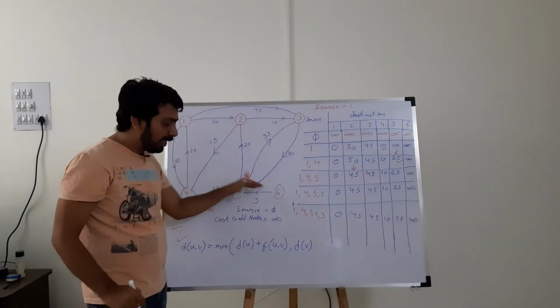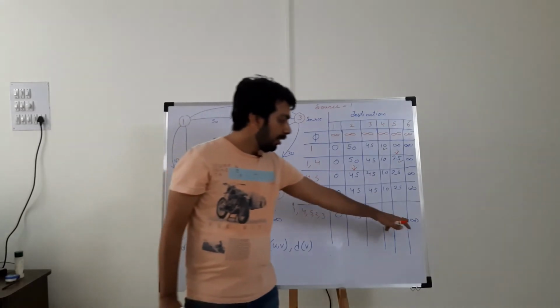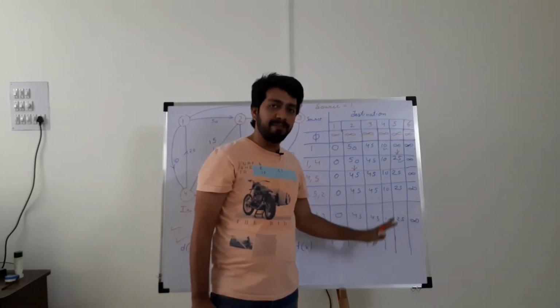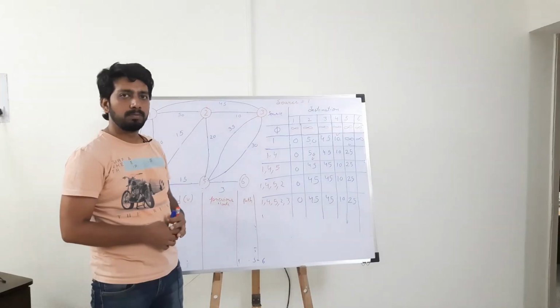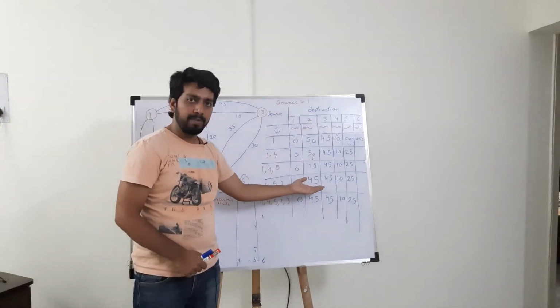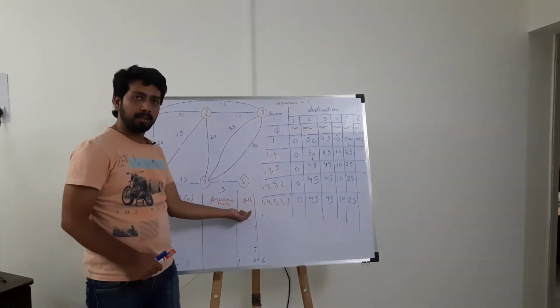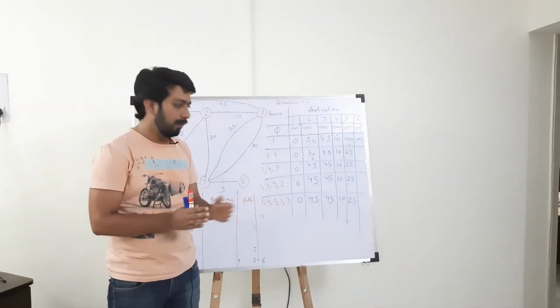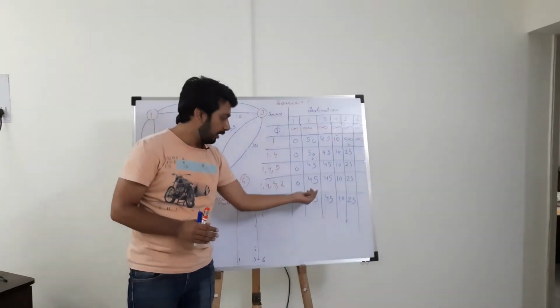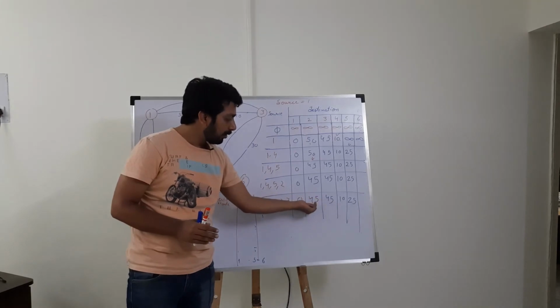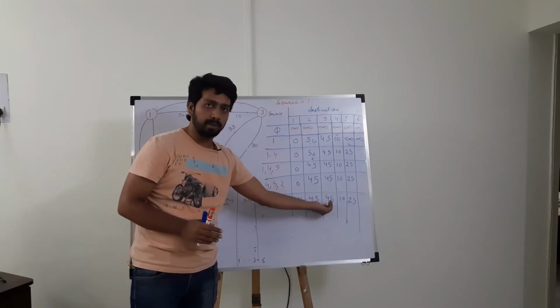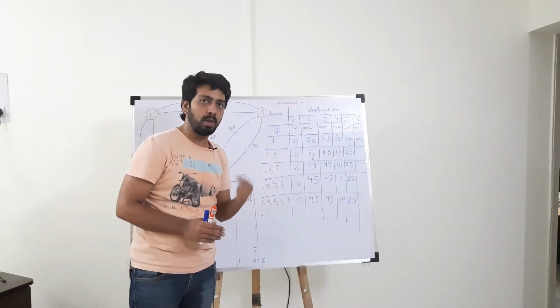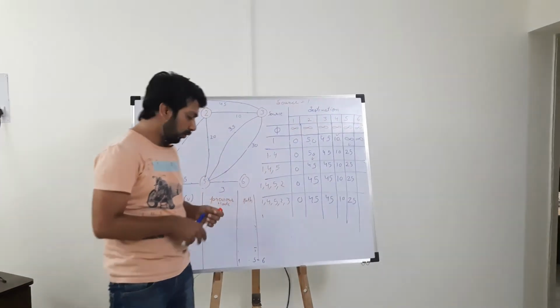That means there is no incoming edge to 6. That's why the cost would always remain infinite. From this matrix, we can find out the path. Our problem is to find out the shortest path. We have not calculated the shortest path yet. This matrix is giving us just the minimum cost to each destination from source 1.